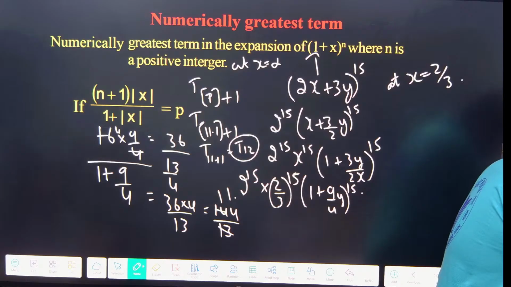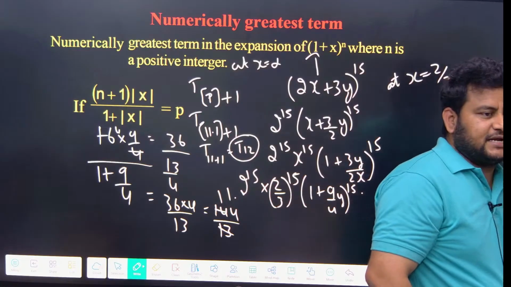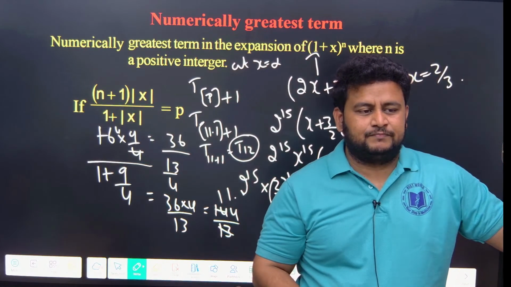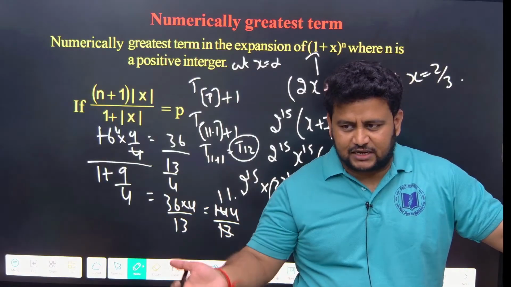Write this down. This is the numerically greatest term. Now if they ask what is the value of the numerically greatest term, or they ask which term is the numerically greatest term, you can find out.